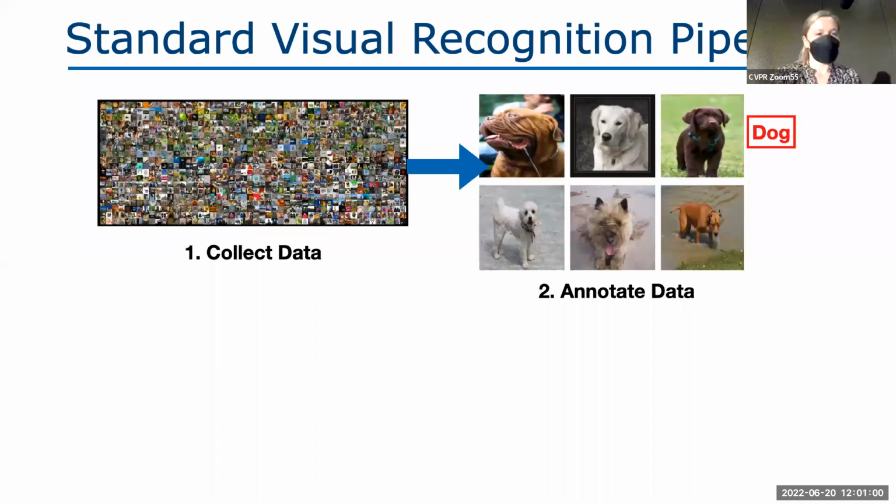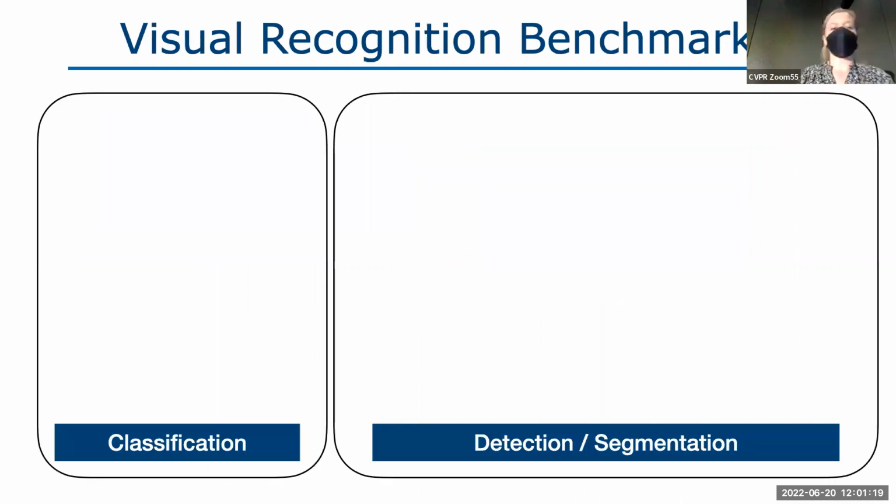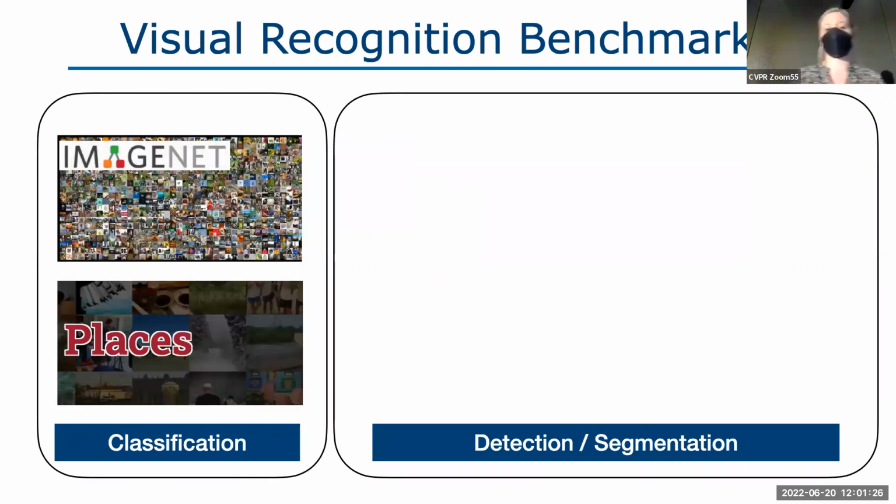Okay, so you have these annotations, and now you can go ahead and train this model that you're going to pass along to people. And this has been such a pervasive part of the learning process that, of course, one of the key phases is that we want to collect some large databases that people can reuse over and over again. So for canonical tasks like classification, of course, there are the famous data sets of ImageNet and Places.